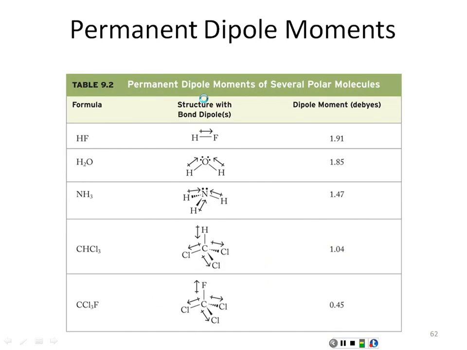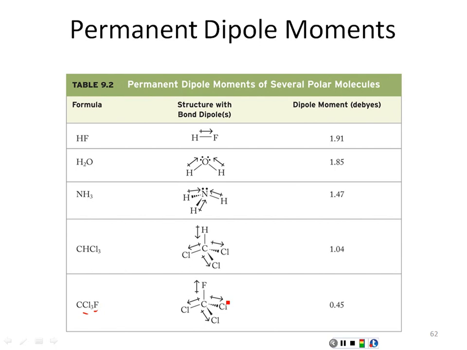So if we look at some permanent dipole moments of some polar molecules, you see that HF is a very polar molecule because fluorine is the most electronegative element. And then you see some other polar molecules, decreasing down to CCl3F.